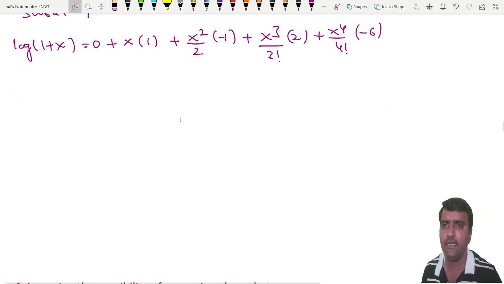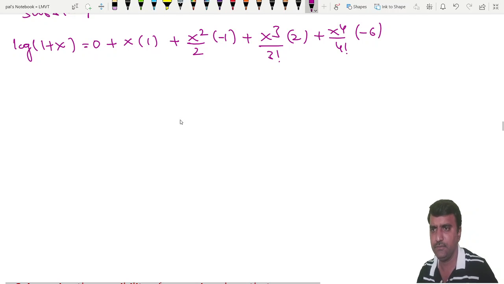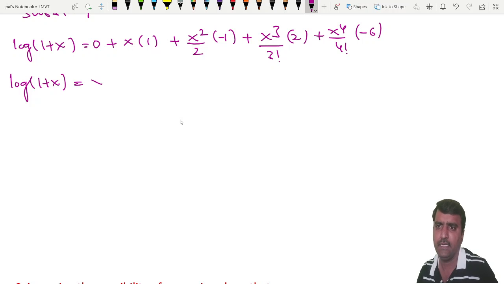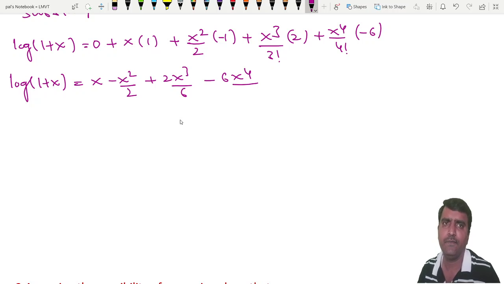So now log of 1 plus x is equal to x minus x square by 2 plus 2x cube by 3 factorial, which is 6, minus 6 x to the power 4 by 4 factorial, which is 24.